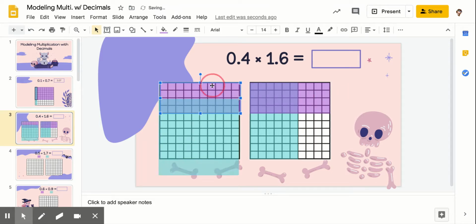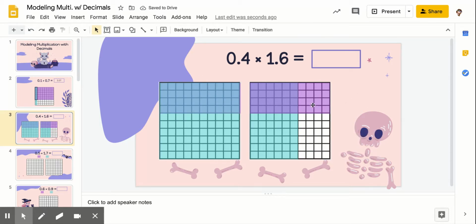Hold on. There we go. So now I've got my 1 6/10, that's the blue. The 4/10 is the purple. Where they overlapped is my answer. You don't have to draw where they overlapped; I'm just doing that to show y'all.